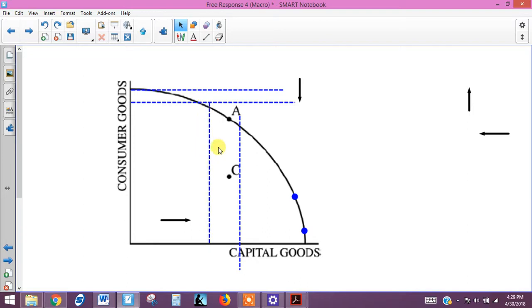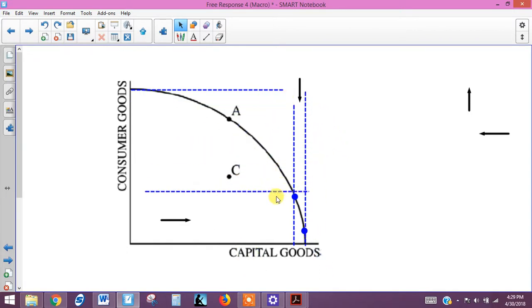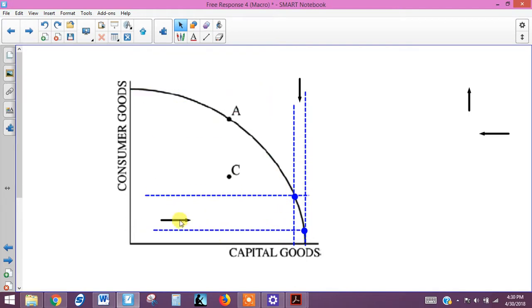And we can shift this over to here, and we can see now that we're still gaining in the capital goods, but we only have a relatively small gain relative to what we're losing here in consumer goods.